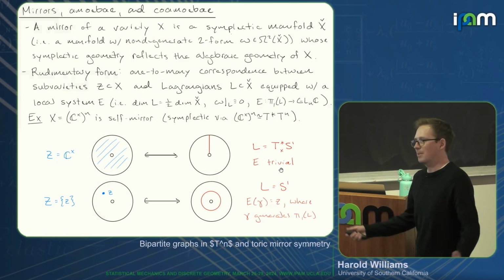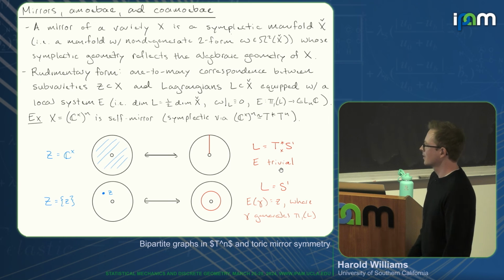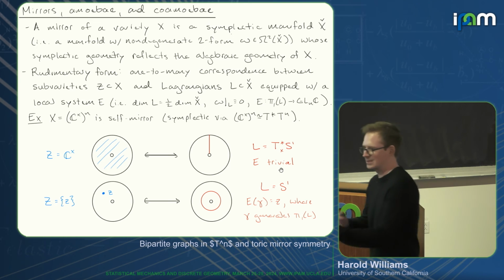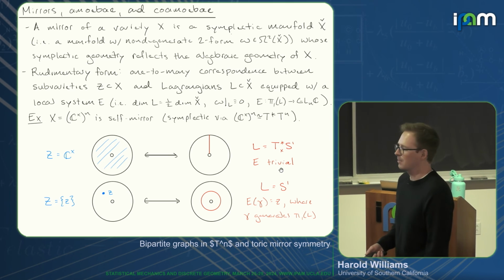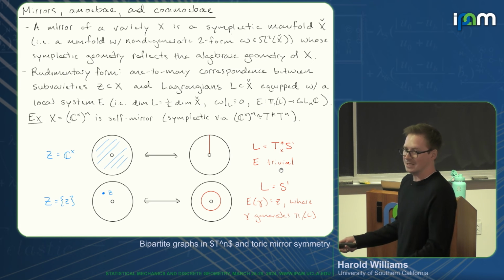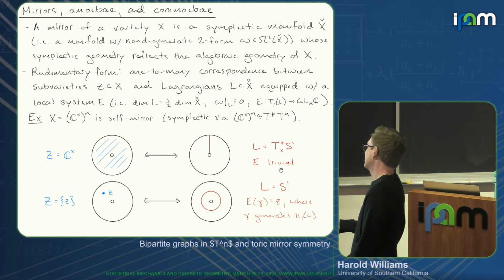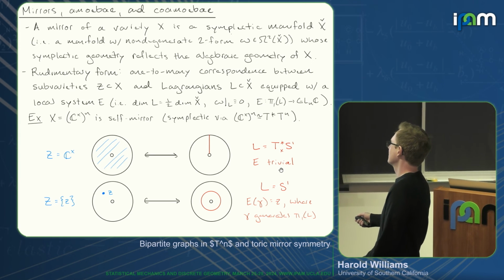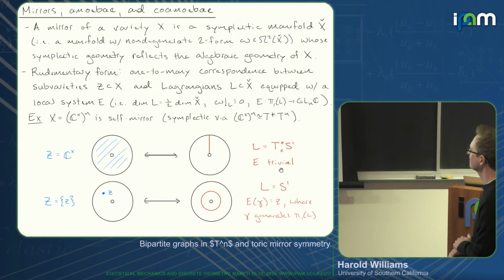Now if we think about what the Lagrangian submanifolds of T star S1 are, there are a lot of them because that's a kind of floppy notion, but there are 2 obvious things that come to mind. I can take a single cotangent fiber. It's the most basic example of a Lagrangian submanifold in the cotangent bundle. And such a thing is topologically trivial, so there are no local systems on it.